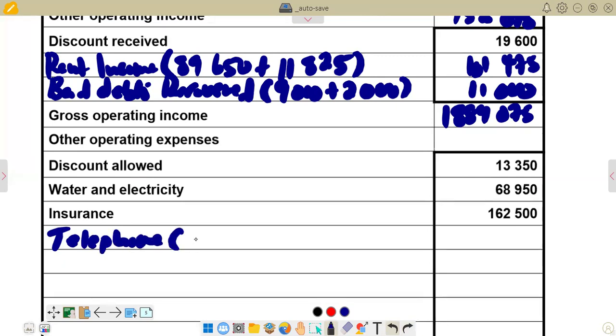Then in brackets, we are just going to show the working by saying 61,950 plus 1,800. And obviously, the figure that we are going to get there is 63,750. So this is the figure for telephone. Then you go to check another expense that is following that one.